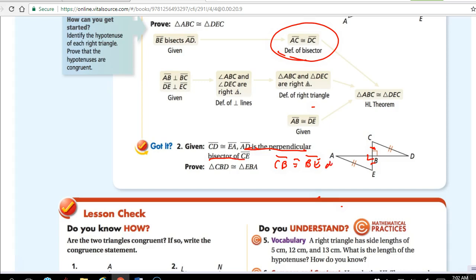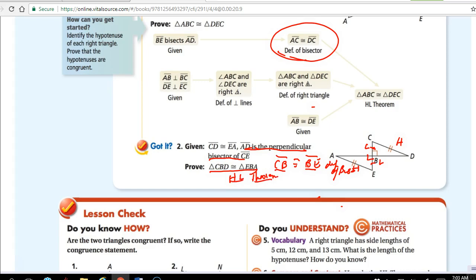And by definition of bisector, we know that it splits it perfectly in half. So that's why we can say that CB is congruent to BE here, by definition of bisector. And again, we have the hypotenuse of a right triangle, and a leg of a right triangle. So these two triangles really are congruent to each other, again, by the hypotenuse leg theorem.